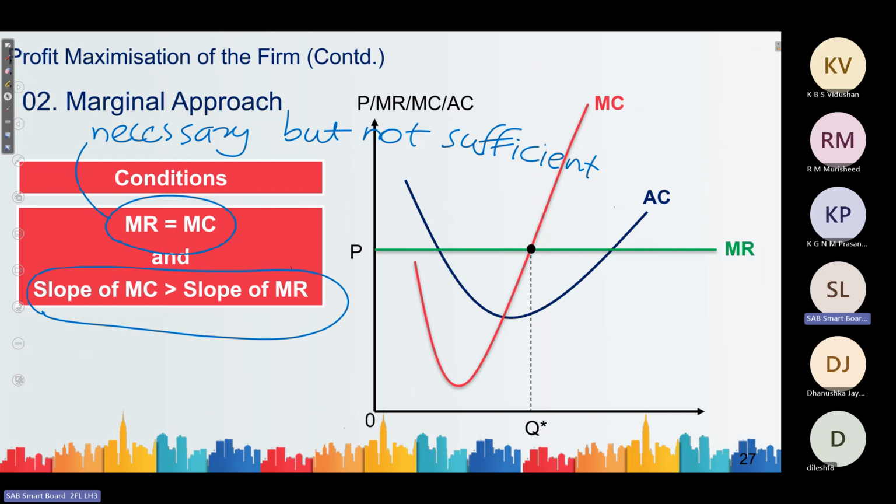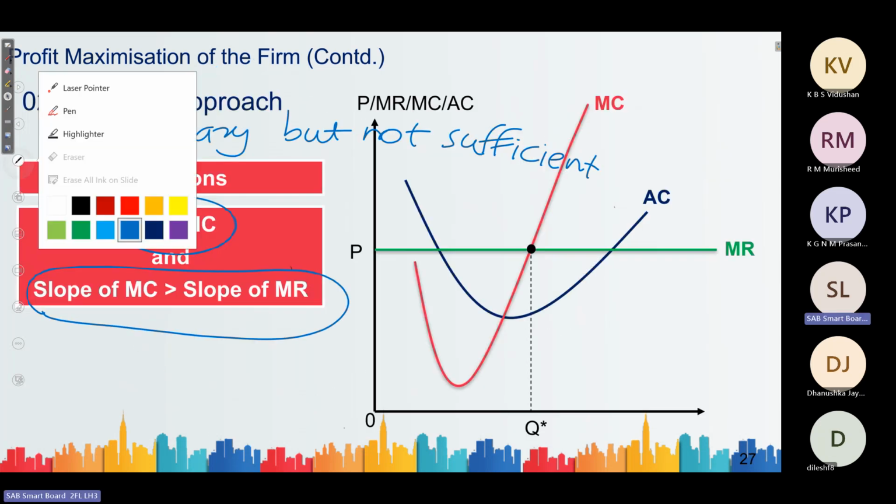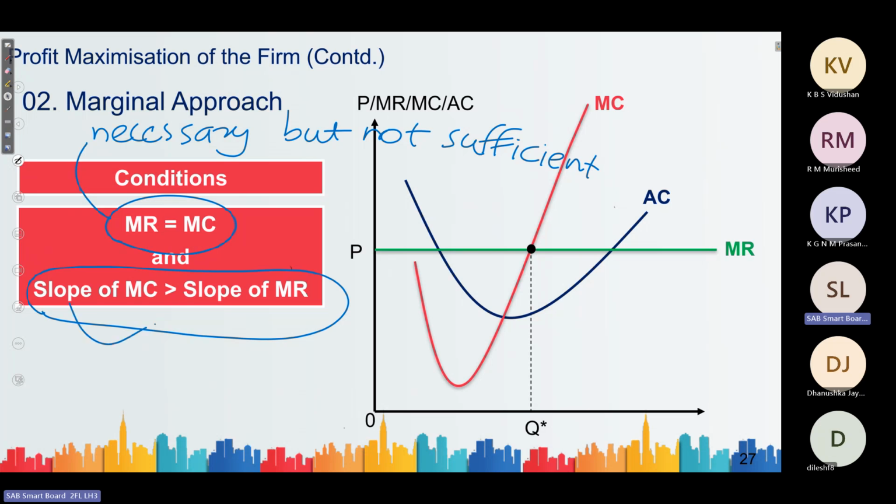So even in the long run, we apply the same two conditions. MR equals MC and slope of marginal cost should be greater than slope of marginal revenue. These two conditions are true for both short run and long run.